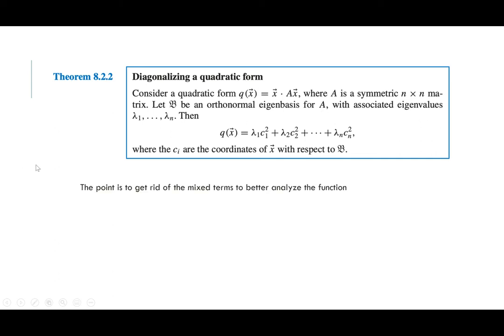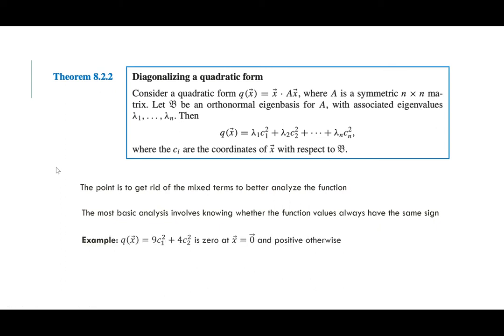And so the whole point of diagonalizing a quadratic form is to get rid of these mixed terms so that we can better analyze our function. The most basic analysis you can do is to decide whether the function always has the same sign, like whether the function values have the same sign.